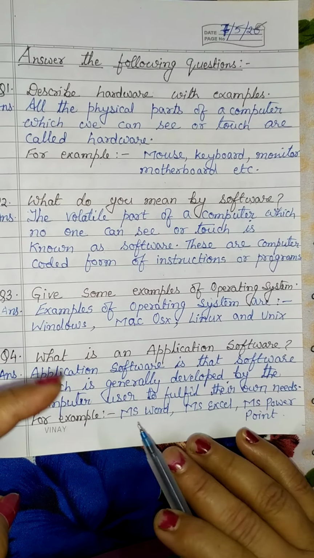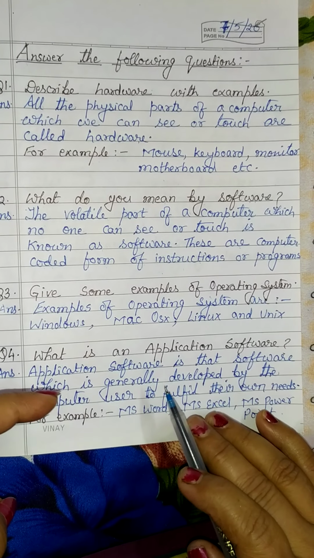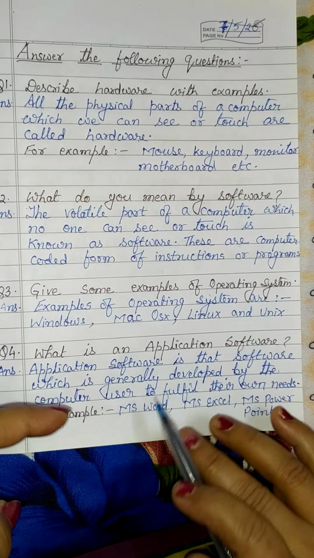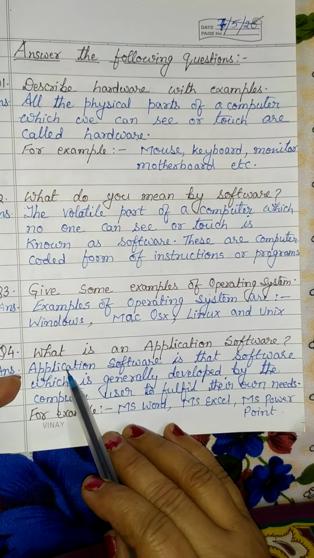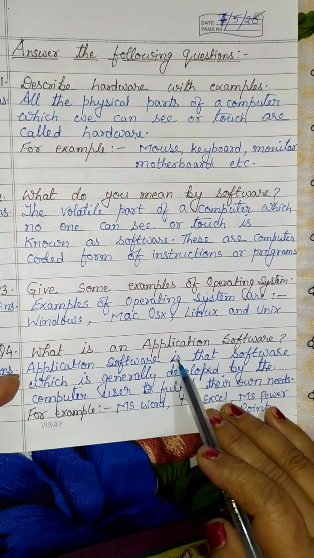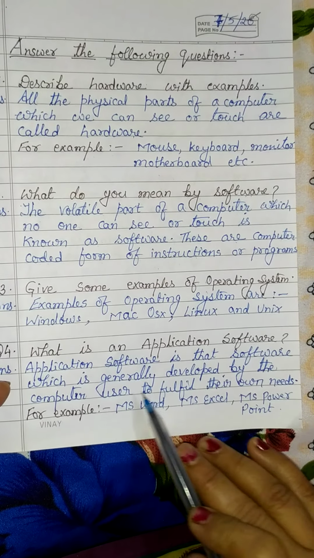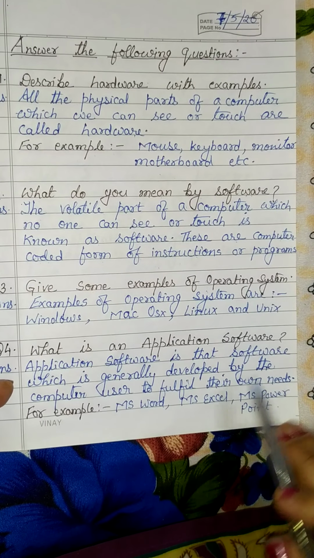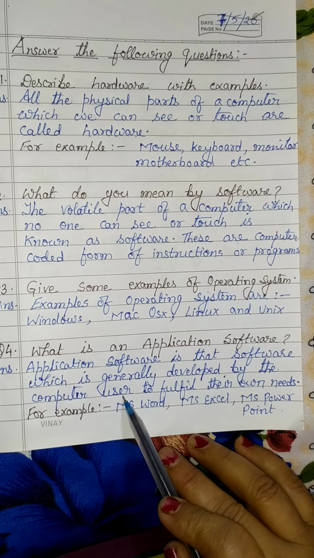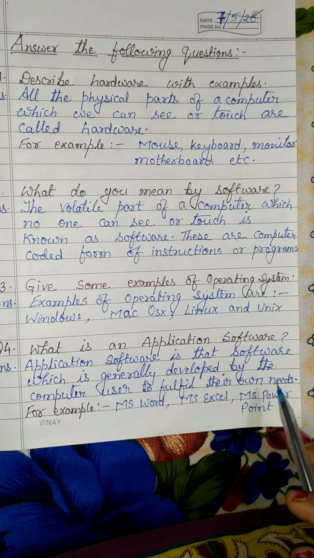In the same way, in our school also, they have their own application software which deals with the record of the student or the record of the school. So application software is that software which is generally developed by the computer user to fulfill their own need.